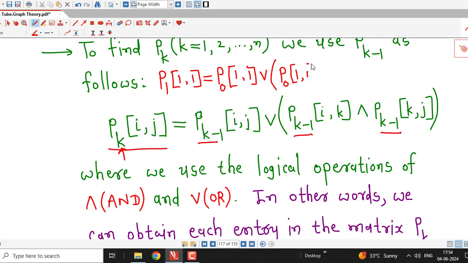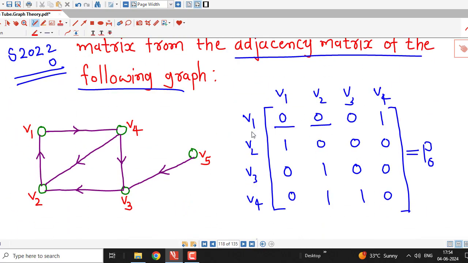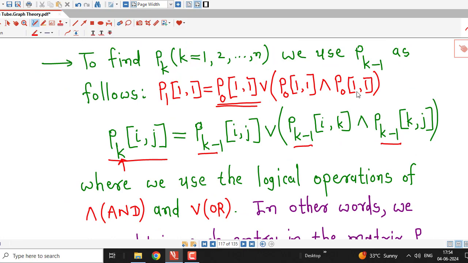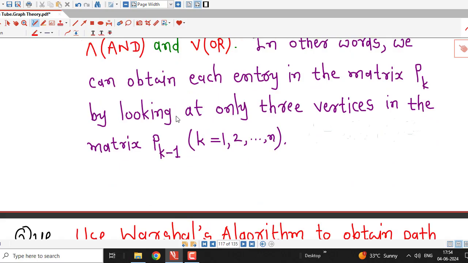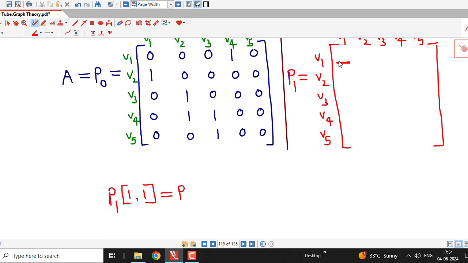So here I write P0 1 1, and here I write P0 1 1 and P0 1 1. This is nothing but P0 1 1, that is this entry. P0 1 1 is this entry, and the remaining entries are also P0 1 1 here, because we are writing for 1 1. So using that formula we are able to decide this entry.